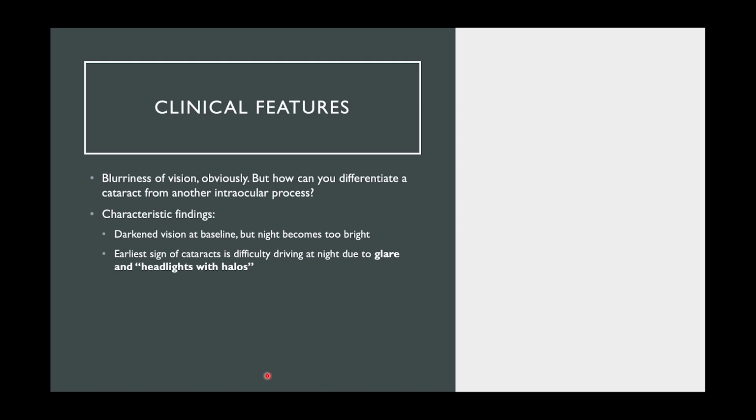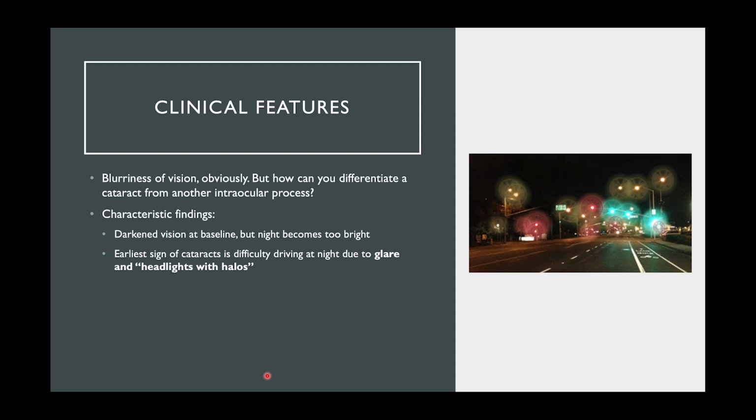And specifically, they'll complain about concentrated sources of light being too bright. And when they're too bright, they'll have glares or they'll have halos. So headlights, for example, is a concentrated source of light that might produce these effects. So someone with a cataract, for example, who's driving at night might see something like this, and they'll complain of something that looks like this. And that should hint you towards a cataract.